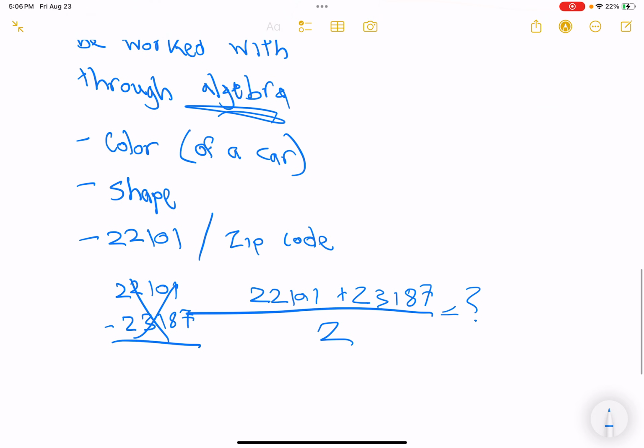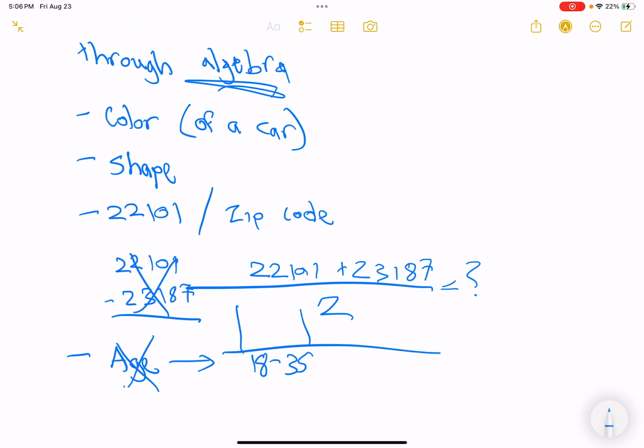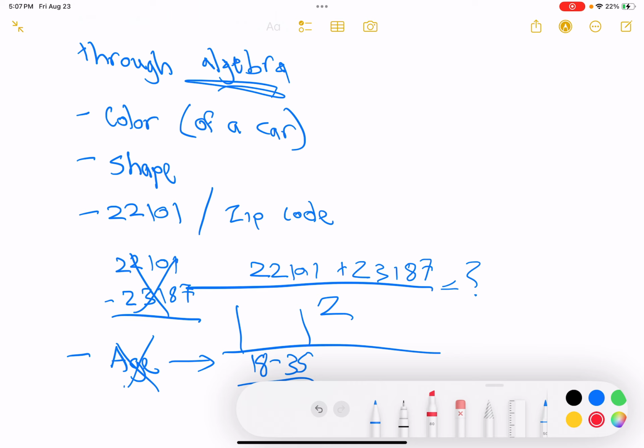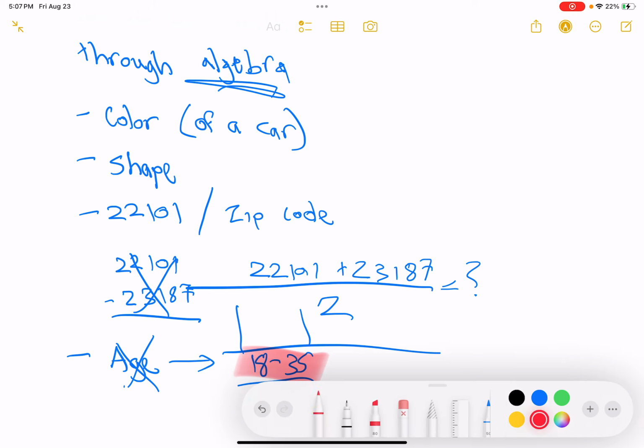And as we saw in the activity later, you can actually take things like age, which are normally not categorical data, and if you turn it into the right bin and you do like 18 to 35, right? And you use that in a way where you're making like bar graphs, you're treating a normally quantitative data point, age, as if it's a categorical data point.